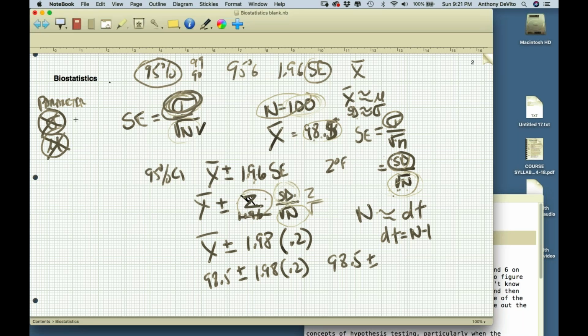Now I'm rounding here because I need to get through this quickly because we've got a lot of work to do tonight. Plus or minus 0.4.